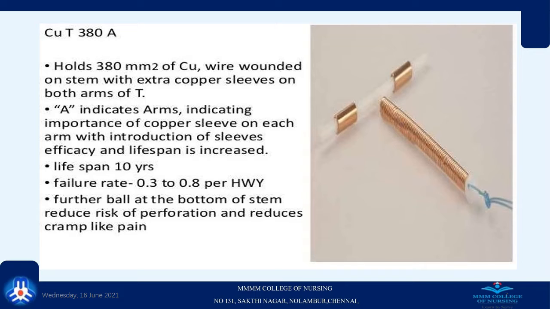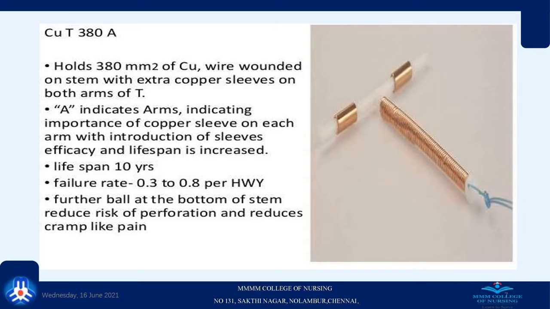But in the case of copper T380A, the copper wire is wound on the horizontal as well as the vertical stem. Here A indicates arms, indicating the importance of the copper sleeve on each arm.